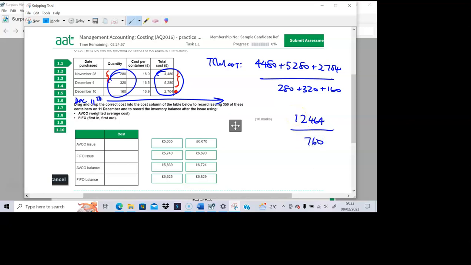So we have 12464 divided by 760, which is £16.40. So £16.40 becomes our issue cost. The question says that you've issued 350, so it will simply be 350 times £16.40.